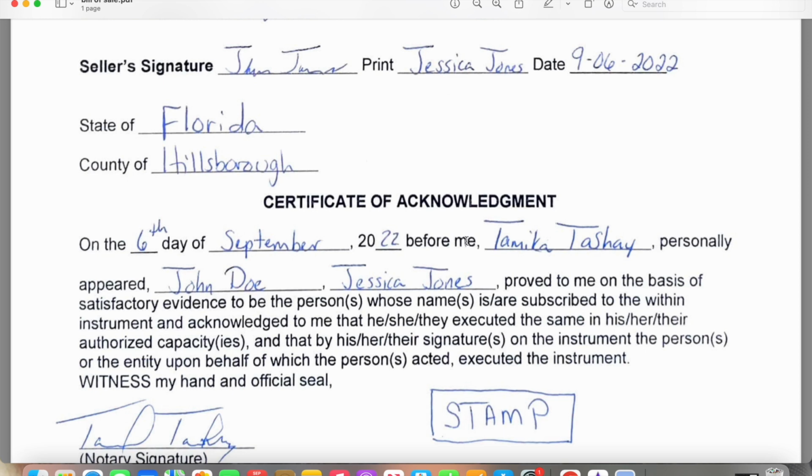And remember, I always say, whenever you see me, that's your name as the notary public. And then if you see by, it's the person's name whose documents you're notarizing. But here, it just says personally appeared and 2 blanks. So this would be the buyer and the seller name printed there.